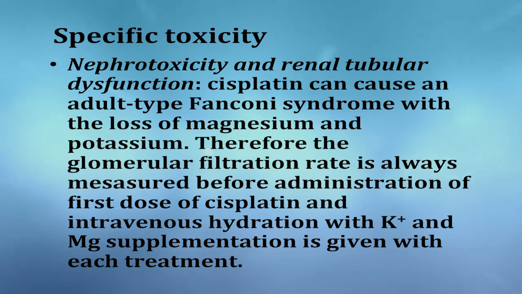Cisplatin is nephrotoxic, and nowadays it is given over a long period, 3 to 4 hours, and sometimes longer than that, to reduce the renal toxicity. In some centers, they do dialysis for the patient to get rid of the nephrotoxicity of cisplatin, because it is a very effective medicine and a very effective cytotoxic agent.